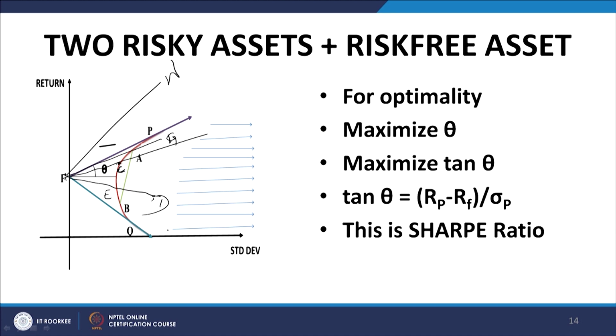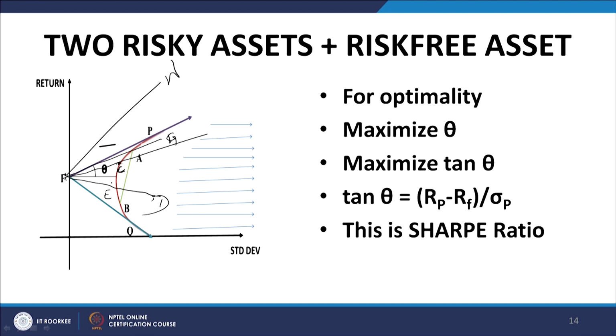I repeat, we want that FP should be tangent to the set of risky portfolios, to the locus of points of the risky portfolios. That particular P at which FP becomes tangent to the locus of the risky portfolios will give me the optimal portfolio.